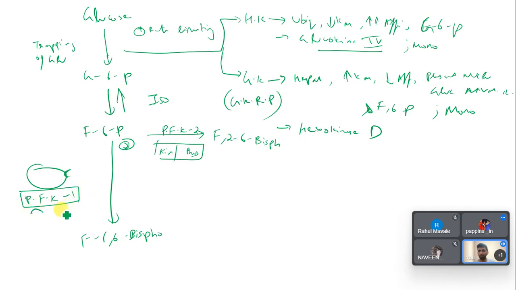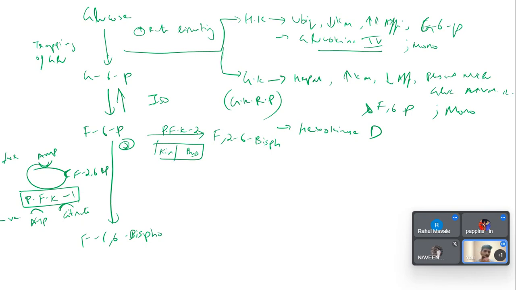What are the positive regulators of phosphofructokinase 1? AMP and fructose 2,6 bisphosphate. And what are the negative ones? ATP and citrate. Okay.